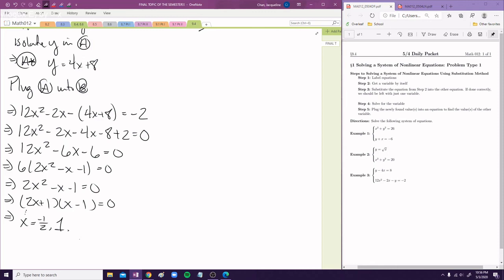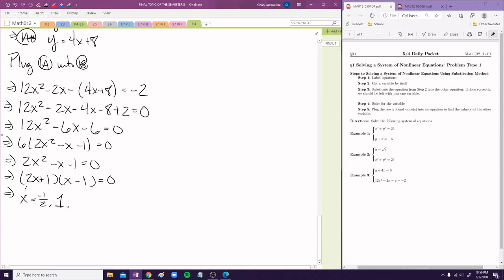Right, so we found the potential x solutions for our equation. So now we have to find the y coordinates. To do that, we're going to pick one. You can pick A or B. I'm going to go with A. Since there's all this room to the right, I'm going to do it over here.